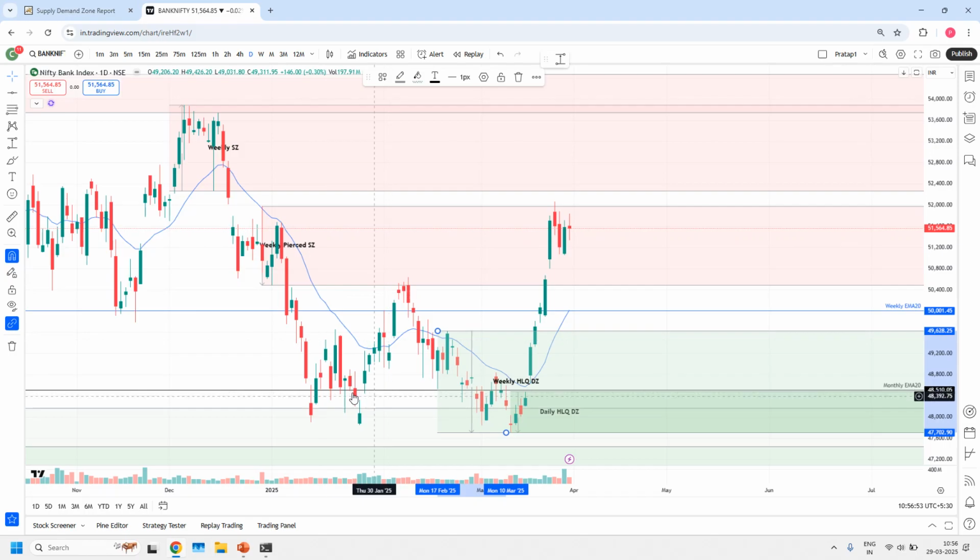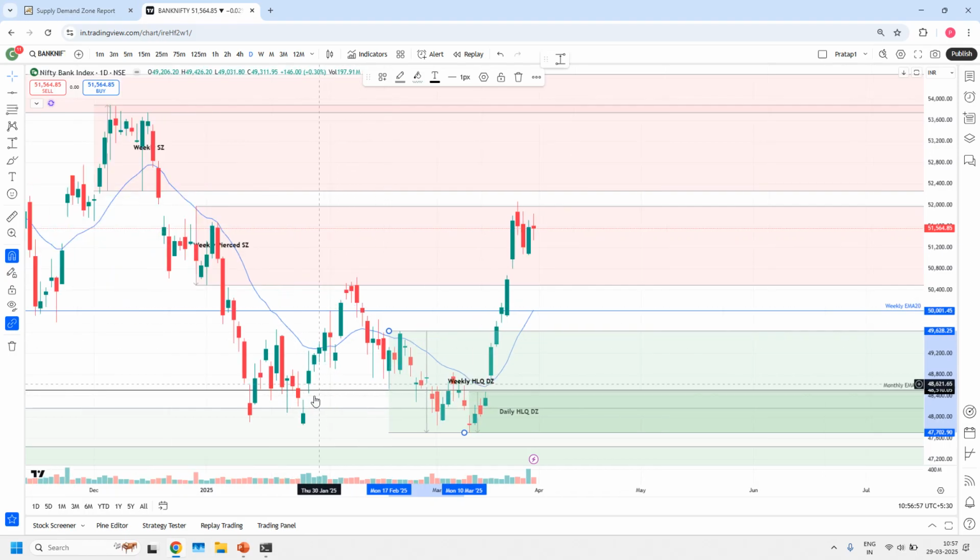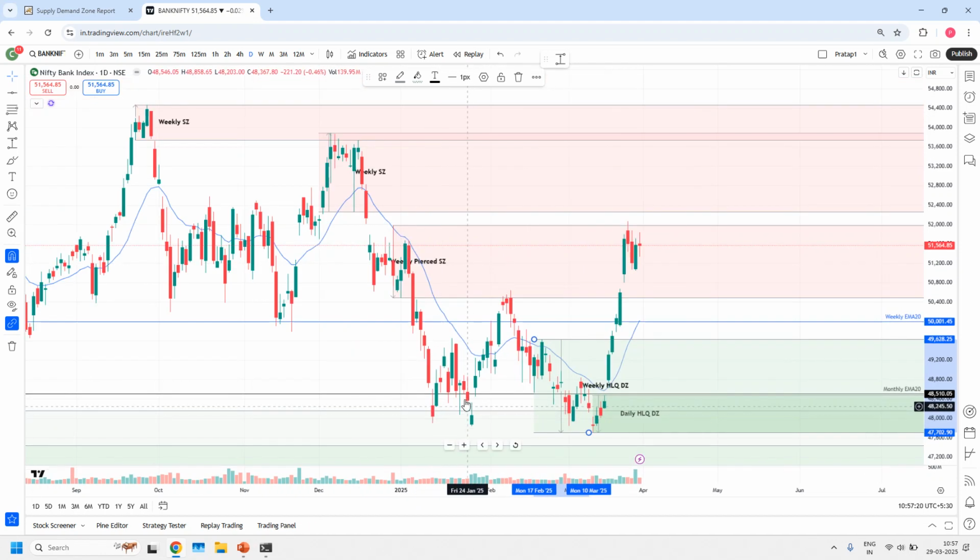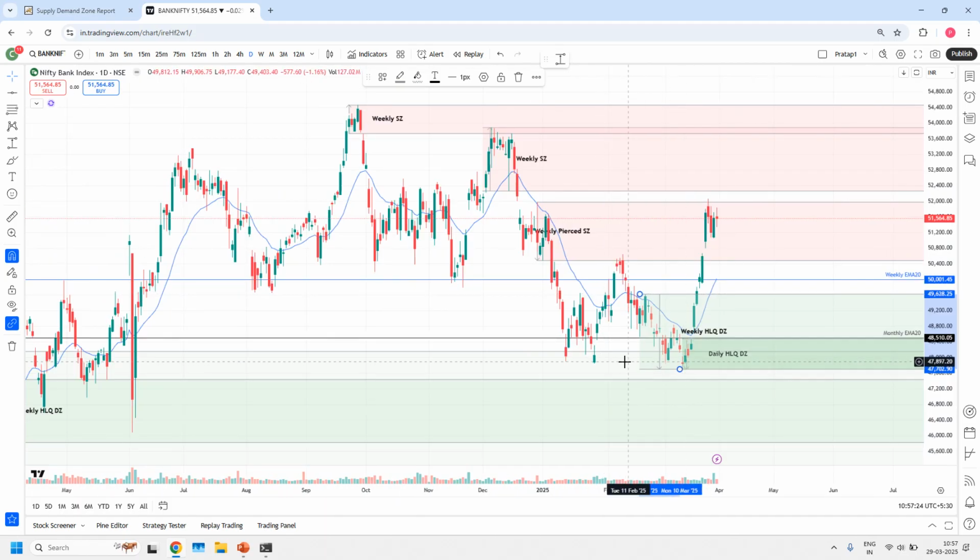This is the one. This is a failed ERC candle, considered big. This is a large candle considered as a leg-in. You have a base, but this high liquidity zone again overlapped with this newly created daily high liquidity zone. So that's the reason why there is no need to draw this zone. This drop base rally is not required because it is inside this zone only.